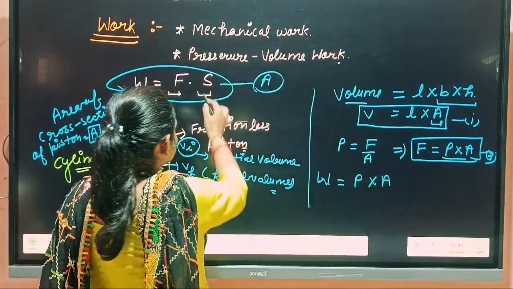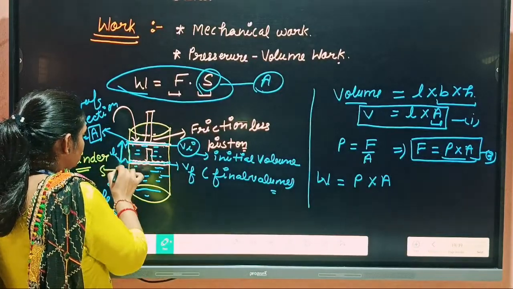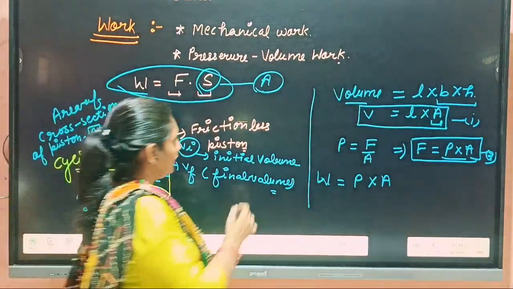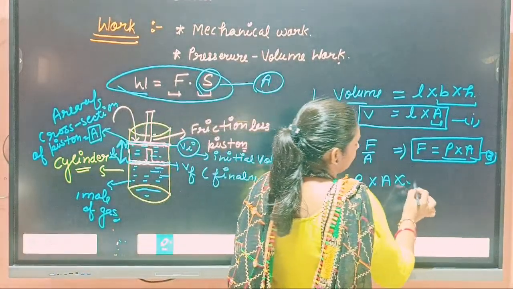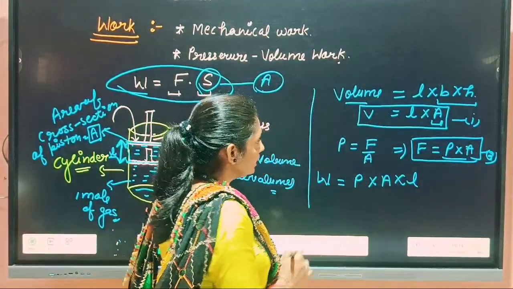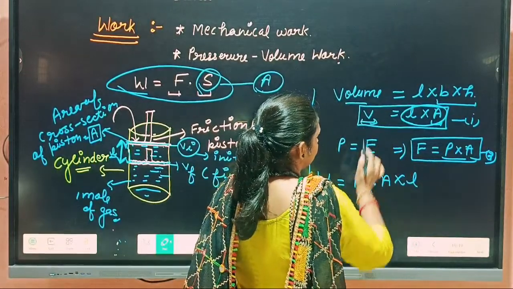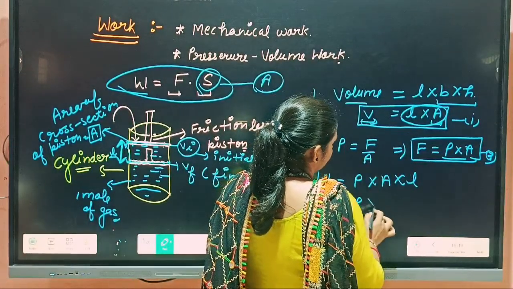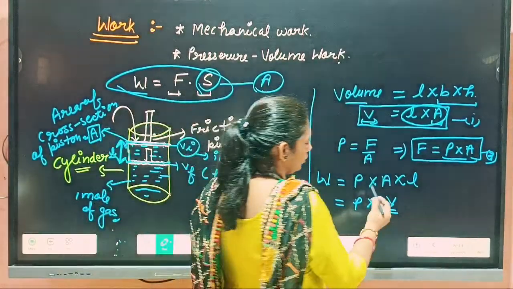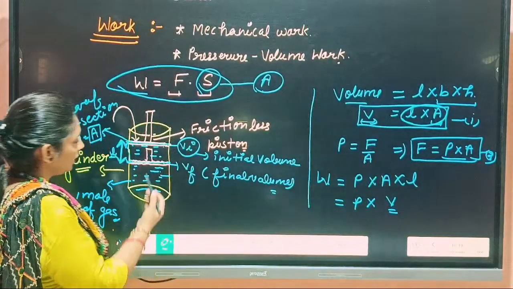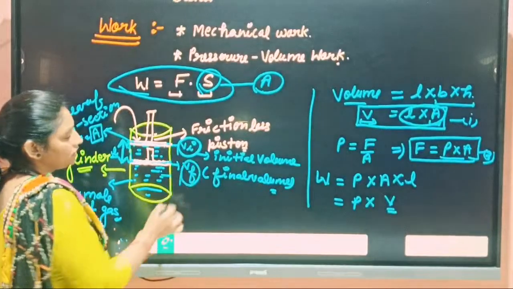And S is the displacement, meaning how much it displaced, and here this distance is L. So we can take displacement as L. And A into L means area into length, I can write it as volume. Here I will write it as change in volume. How much change takes place? Initially the volume was Vi, but finally it is Vf.